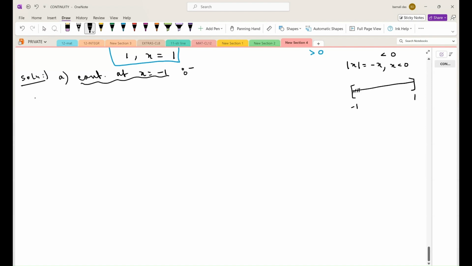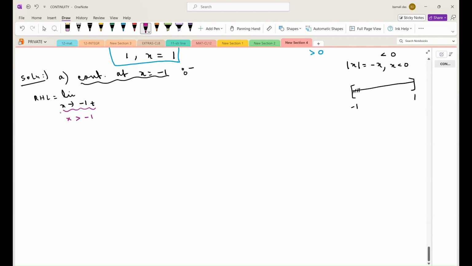Okay. So the right hand limit is limit x approaches minus 1 from the right. So that means what? x approaches minus 1 from the right. What does this mean? This means that x is on the right side of minus 1. That means x is greater than minus 1.